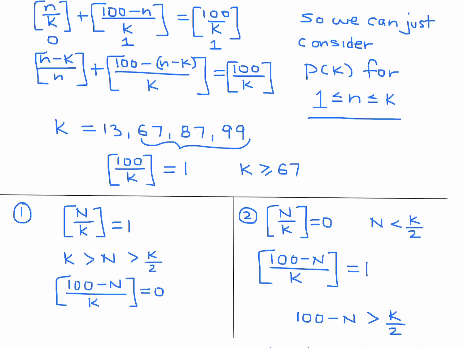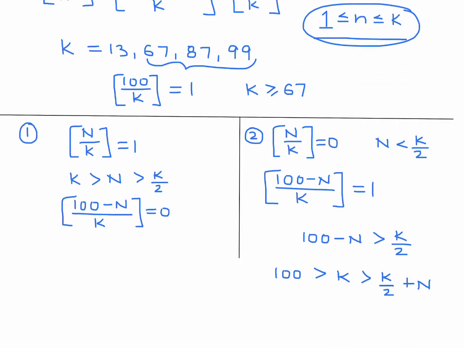Because if you remember, this was my original range for n. And if that is my range for n, the first thing, of course, you just put, let's say, the n on the other side. So you have k over 2 plus n, right?